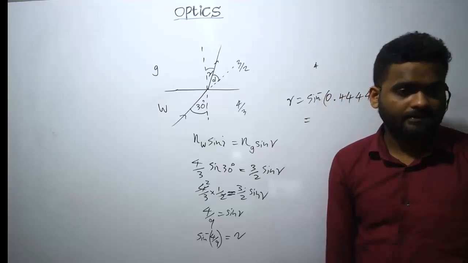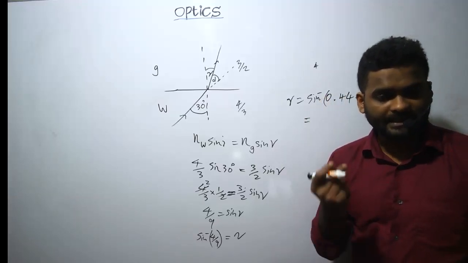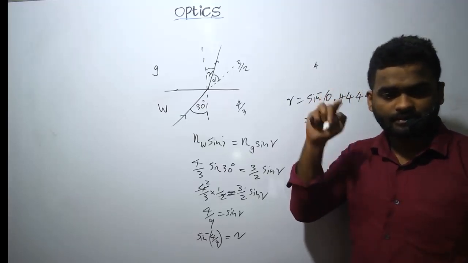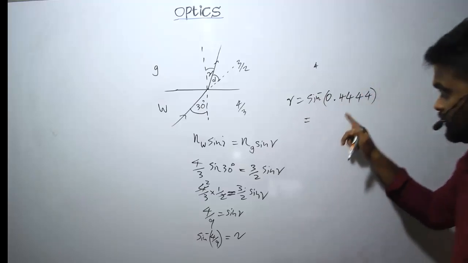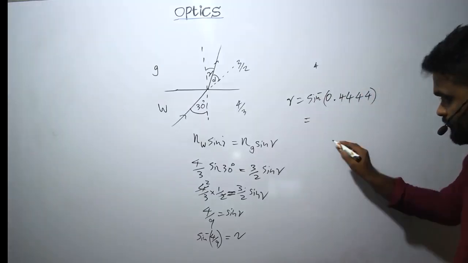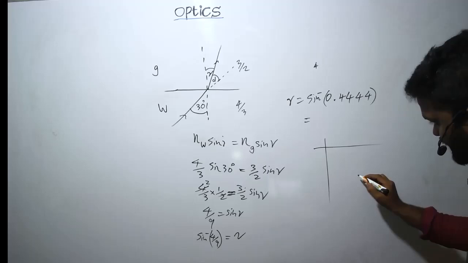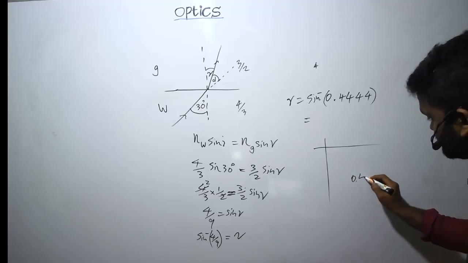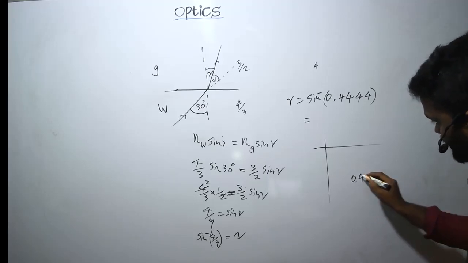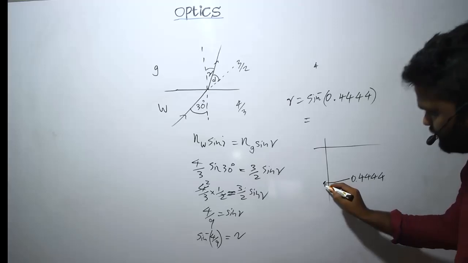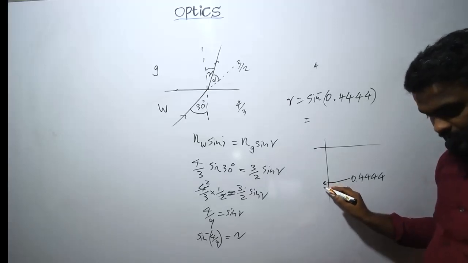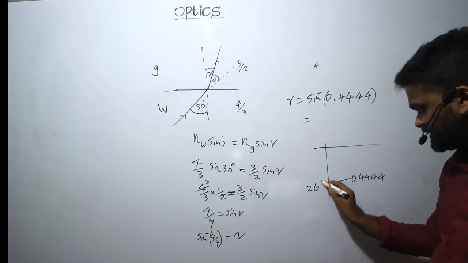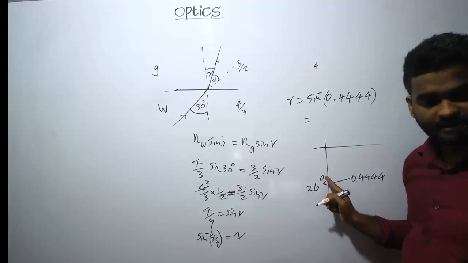So you need to find the inverse value of this from the sine table. So you have this table, you need to find this value from here, 4 something. Then from here you can find the degree. Here that value is 26 degrees.